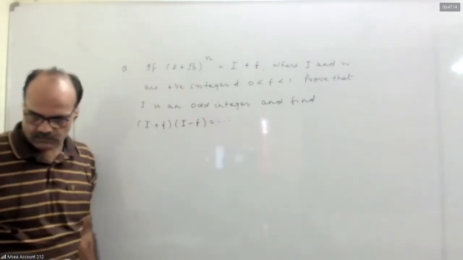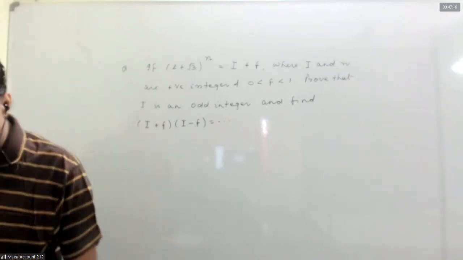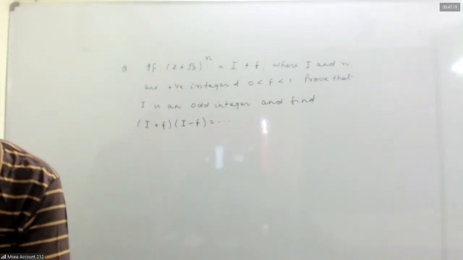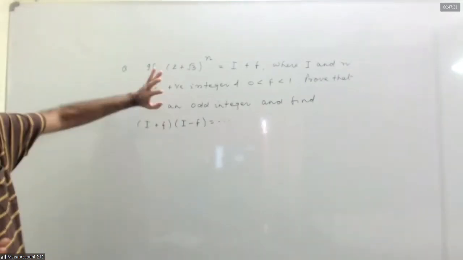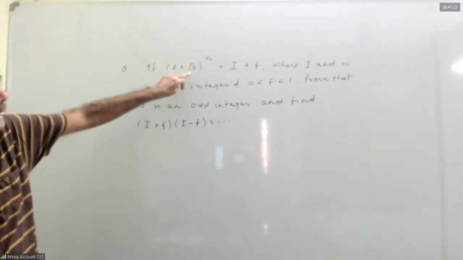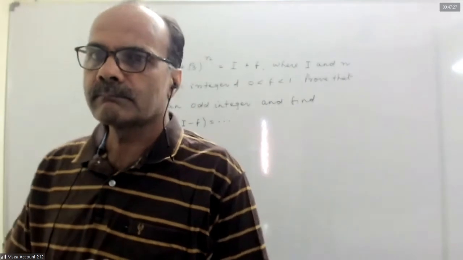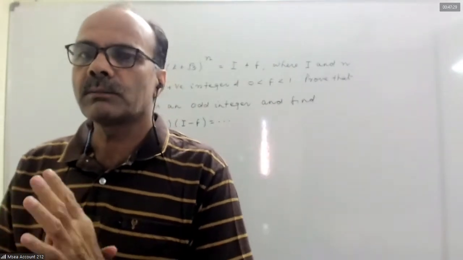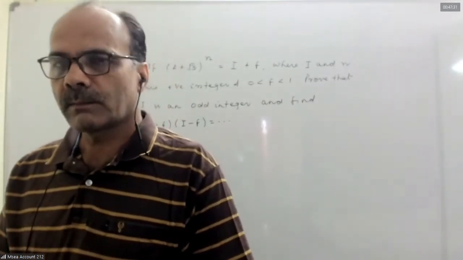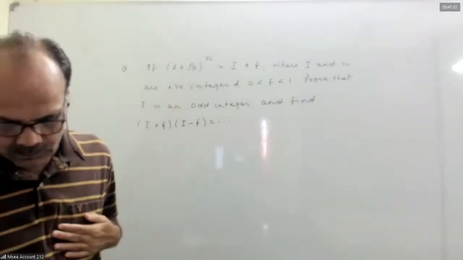So how much is I plus f into I minus f? Do it. So how to start? We will take here 2 minus root 3. We will prove that 2 minus root 3 is a proper fraction. Do it. Similar question.